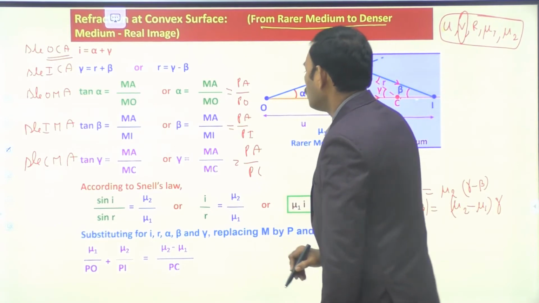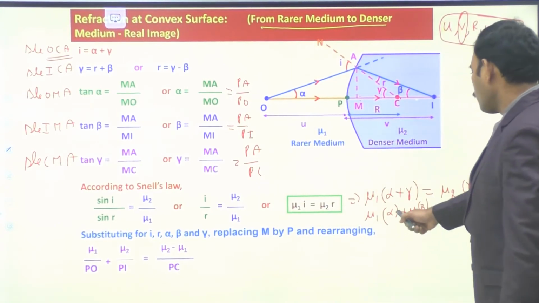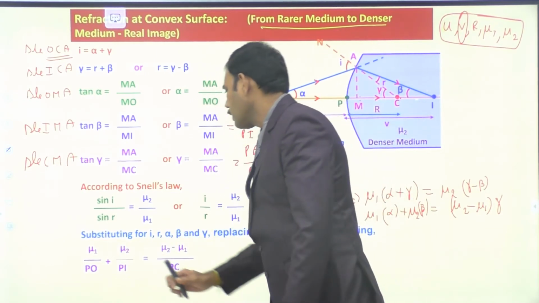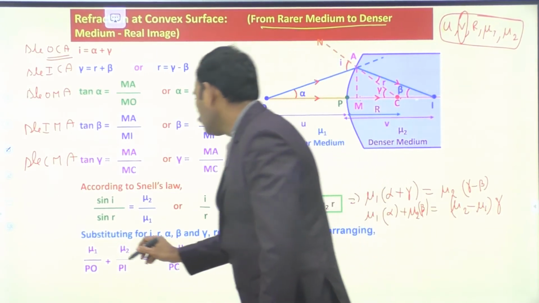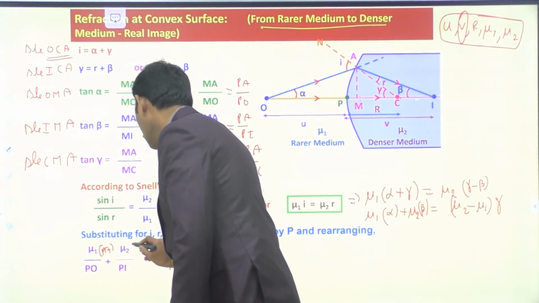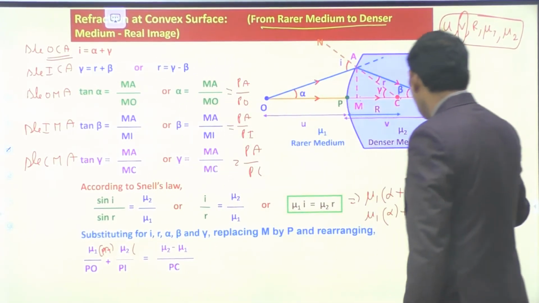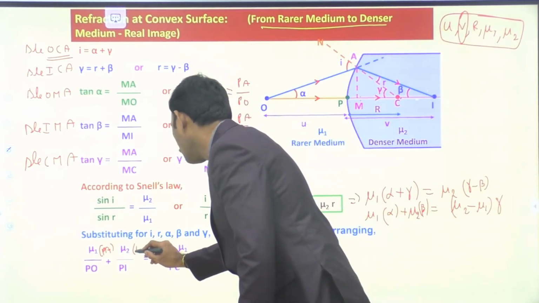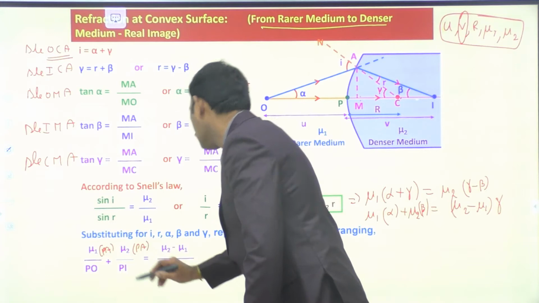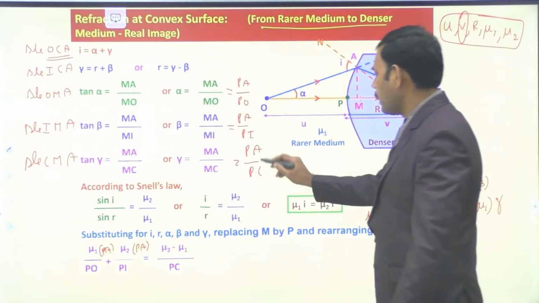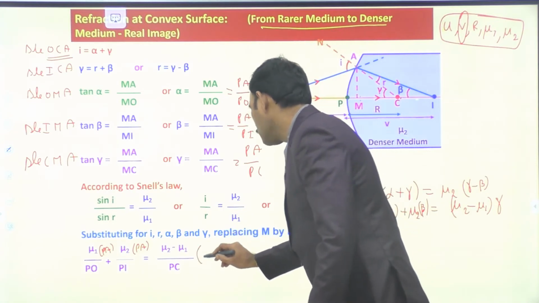Now replace this alpha by PA divided by PO, and beta in this formula by PA divided by PI, and mu2 minus mu1 into gamma is replaced by PA divided by PC.